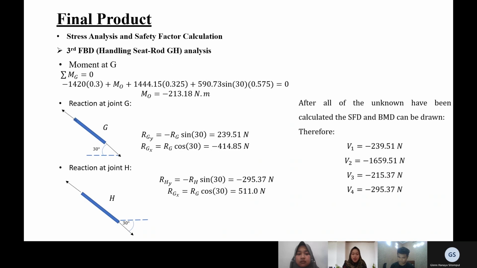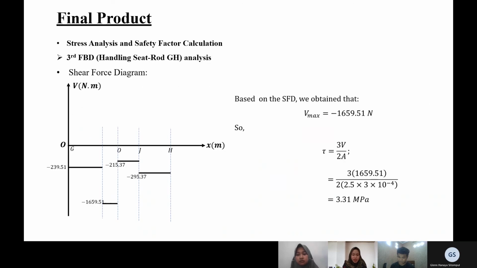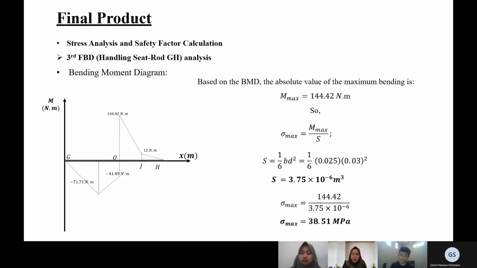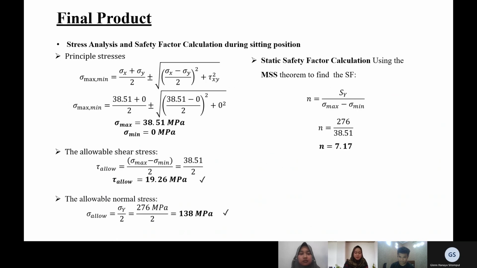Next, after that, we can determine the moment that acts on that free body diagram, and then we can determine the SFD and BMD. From this SFD, we can determine the shear stress, which is 3.31 MPa. And then from the BMD, we can obtain the maximum bending stress, which is 38.51 MPa. Next will be explained by Leila.